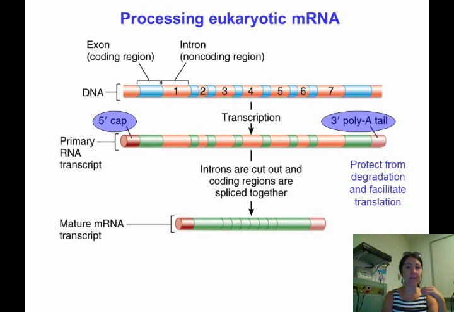In a gene, or a piece of DNA, we have what's called an exon, which is a coding region, and an intron, which is a non-coding region. The coding region is where we actually come up with the amino acid code to make the proteins. So the exon is the important part in being able to make proteins.